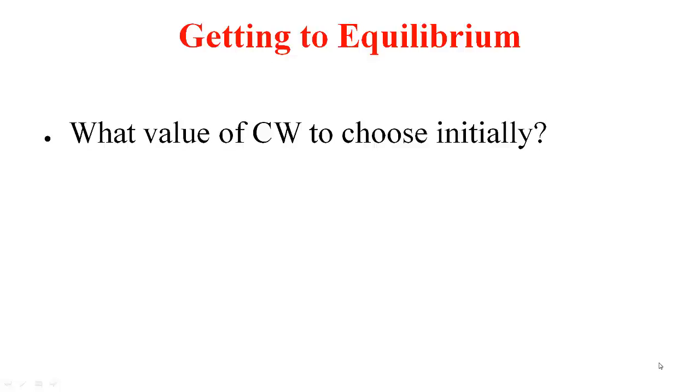So the first problem is getting to equilibrium, that is, filling up the pipe. For this, what value of the congestion window should we choose initially? The bandwidth delay product that your flow is entitled to could vary from 1 packet, 10 packets, 100 packets or 200 packets. You don't really know when you're starting out.